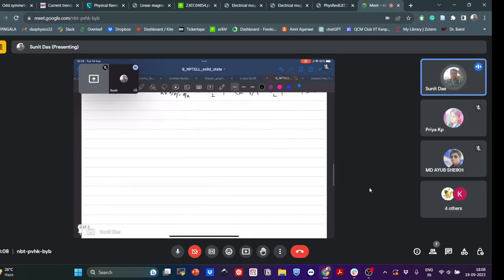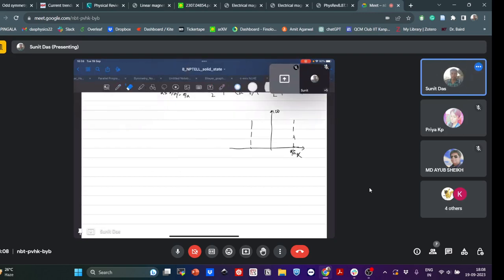And this can also be seen from the dispersion relation itself. So if I draw the dispersion against k, let's say these are the boundaries, pi by a and minus pi by a.